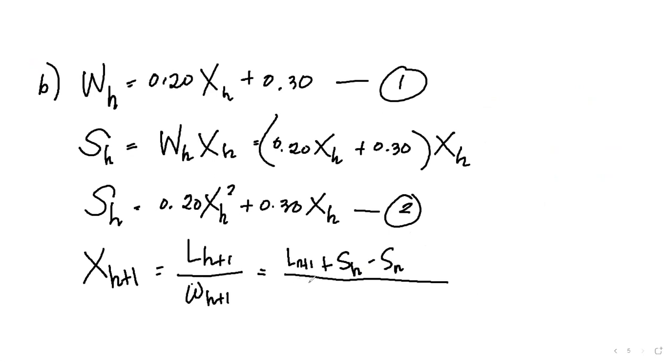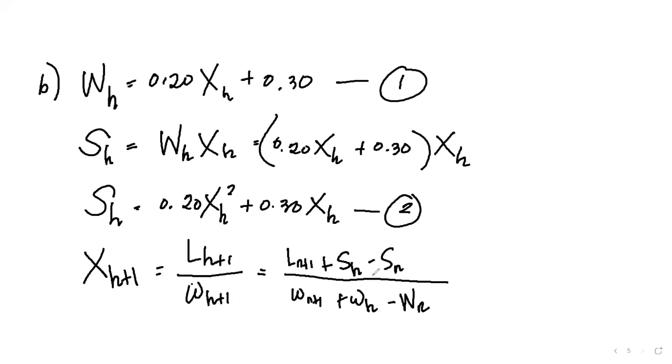Then we have small w n plus 1 plus small w h minus capital W sub n. The small w's are for the solution in the overflow. The capital W is for the solution in the underflow.